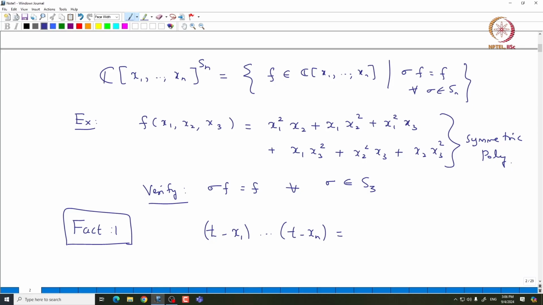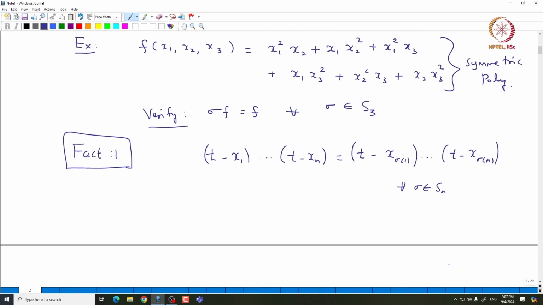It is not hard to prove that this product is invariant under the action of Sn: by permuting the variables x1 etcetera xn using any permutation sigma in Sn, you get the same polynomial.